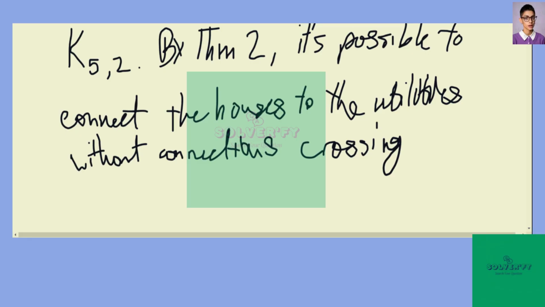And the reason why is because the graph will not contain a subgraph that is homeomorphic to K3,3 or K5.